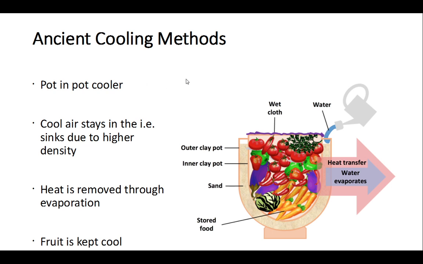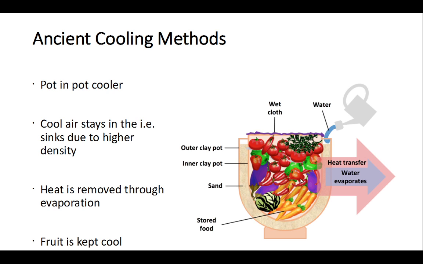I think this was the last thing we looked at on Monday. This is the ancient cooling method, like the ancient fridge. You put all your vegetables in a clay pot, and you've got an inner and an outer clay pot. You put a layer of sand in between, and you fill the sand up with water. Now the water evaporates, and it cools down all the fruit and makes it last a lot longer. So the heat is removed through evaporation, and everything cools down.